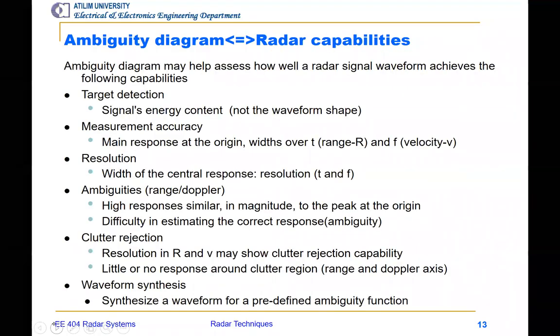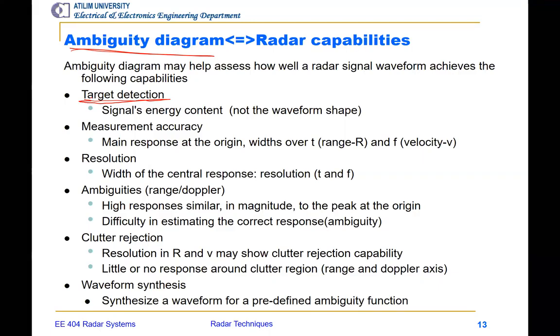Okay, so what information can we derive from the ambiguity function? Here we see a list of the capabilities of a radar regarding the ambiguity diagram, ambiguity function. We can have an idea about the target detection, how accurately we detect the target.